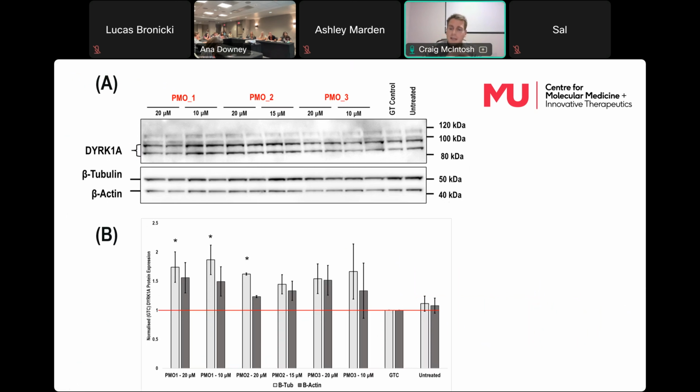It's a notoriously difficult experiment to do, and I think most scientists, if you ask them, would say it's one of their most hated things to do, because it's very unreliable, and as you can see, it's not always the cleanest. But again, what I'd like you to appreciate here is that these two are the control samples, and the treated ones again appear to be darker, which typically correlates to more protein on the membrane, and therefore more protein being expressed in the cell.